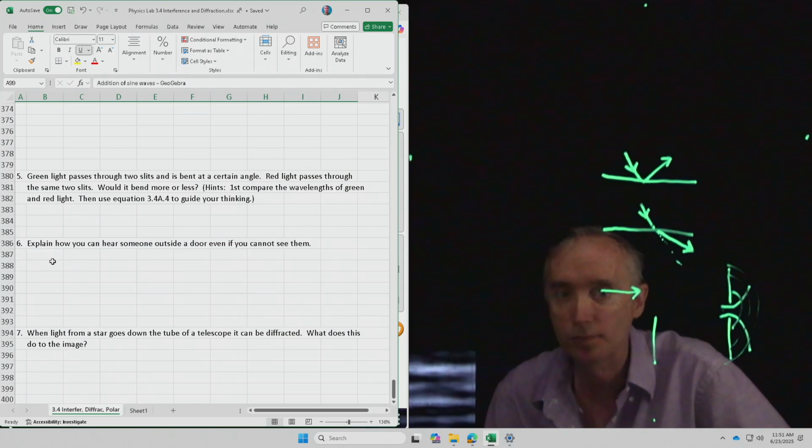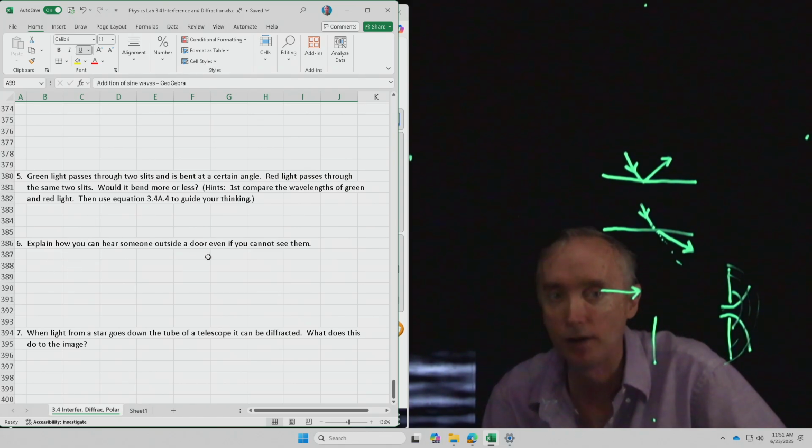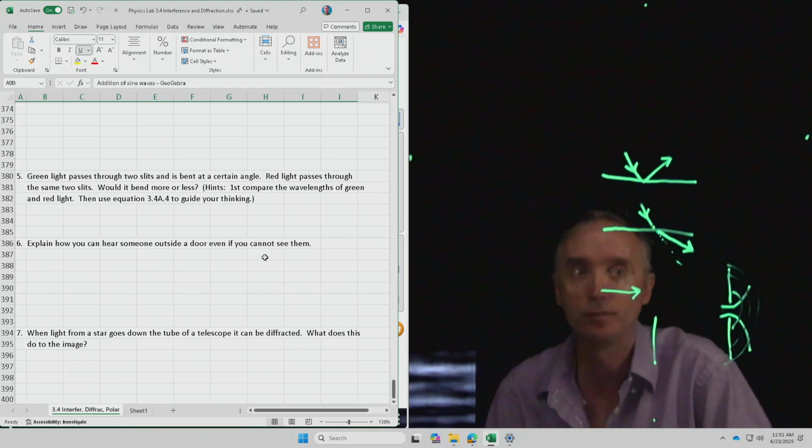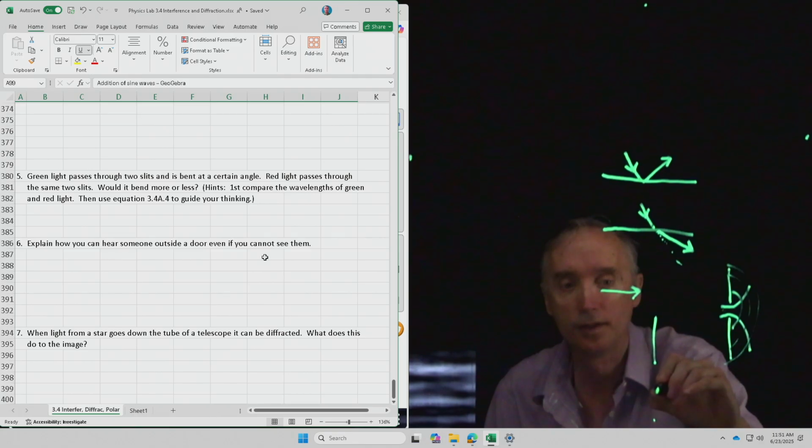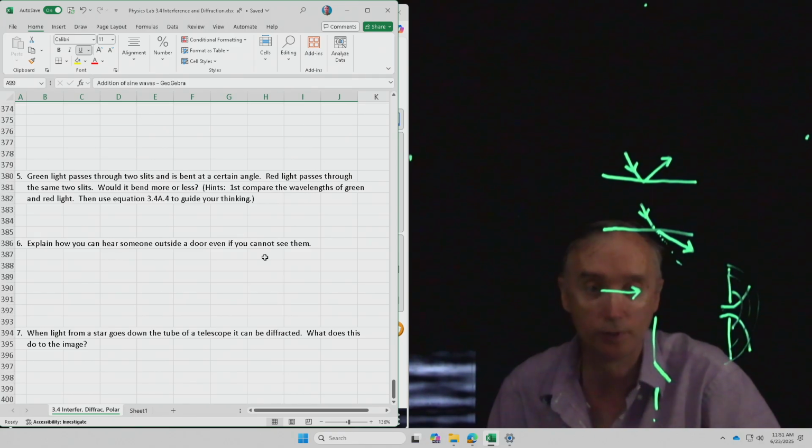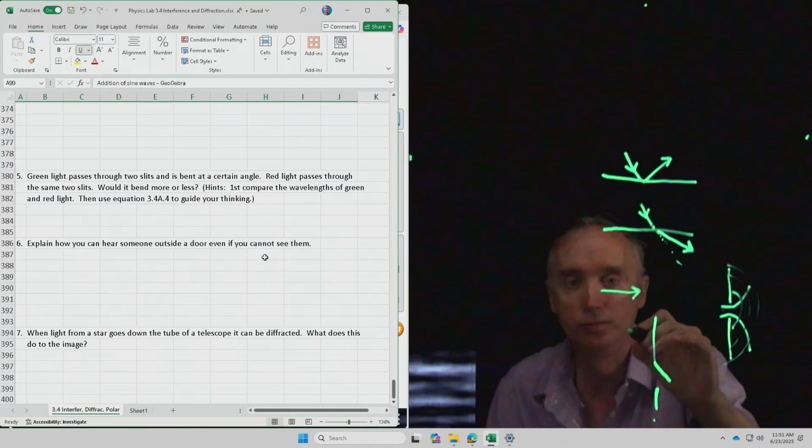Then number 6, explain how you can hear someone outside of a door even though you can't see them. So the question is that let's pretend that here's a door, okay? The door's open. And then you are over here, so you're inside the room.